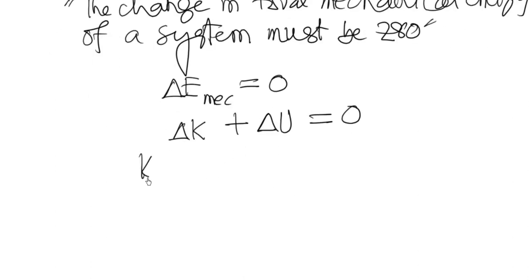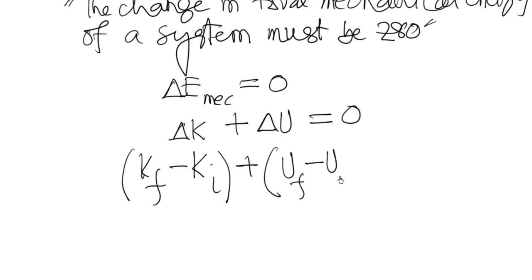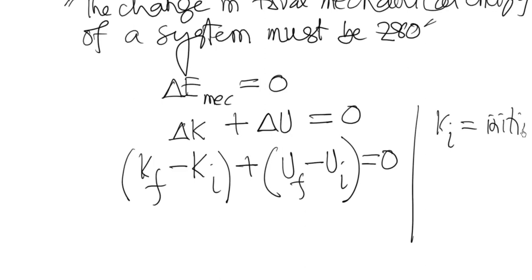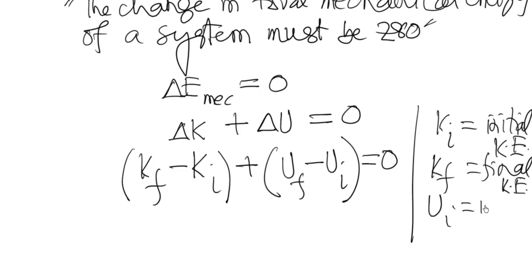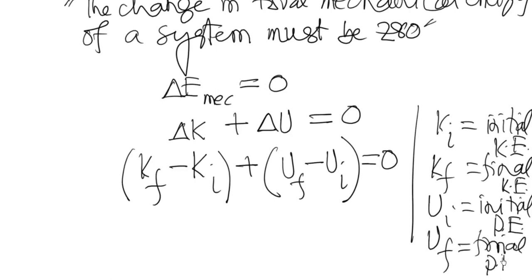This is Kf minus Ki, and this is Uf minus Ui, equal to 0, where Ki is the initial kinetic energy, Kf is the final kinetic energy, Ui is the initial potential energy, and Uf is the final potential energy.